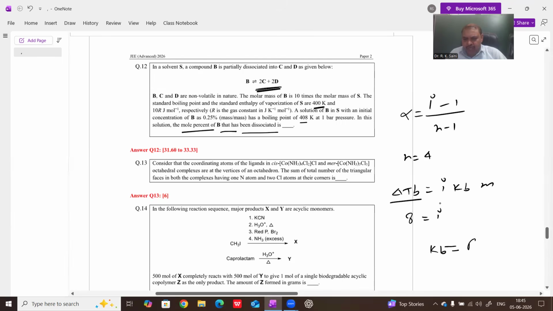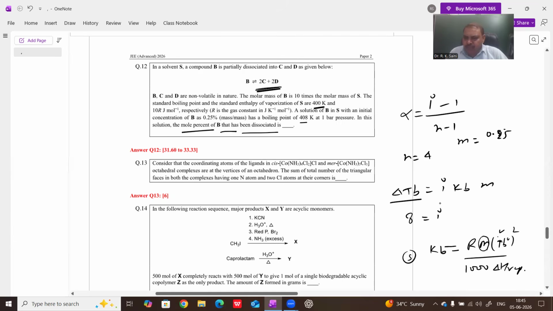Kb equals R M into the boiling point of solvent squared upon 1000 into vaporization enthalpy. Vaporization enthalpy is given, boiling point is given, and the M is the molar mass of solvent. Solvent means S. And then we find molality m.